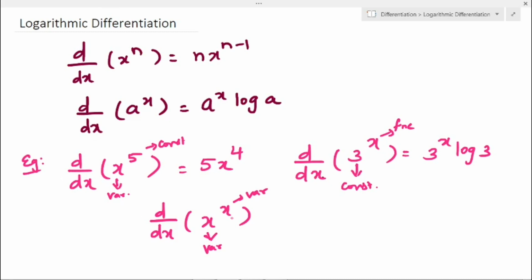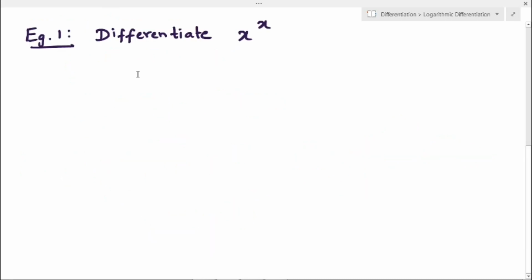Let's get started. First example, differentiate x to the power x. So here both the base and the power value are x. Now first we have to assume y equal to x to the power x.